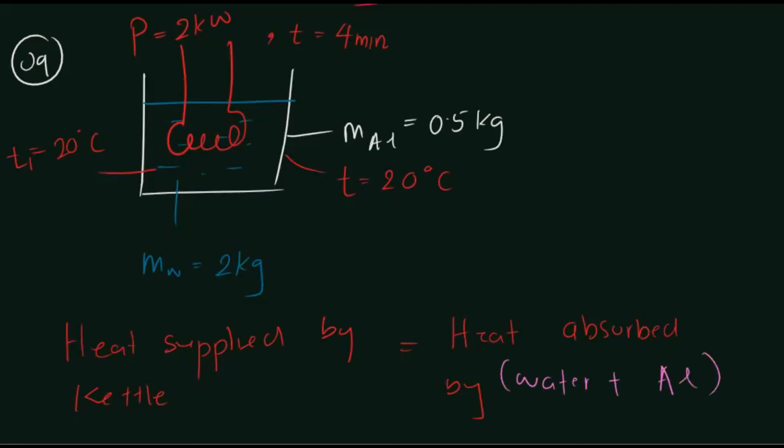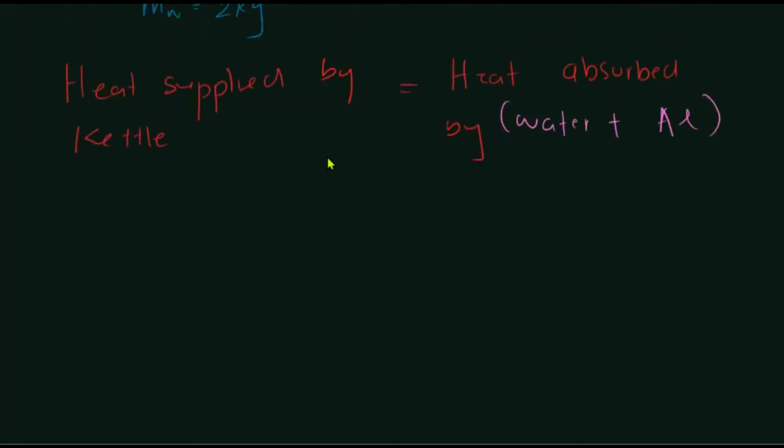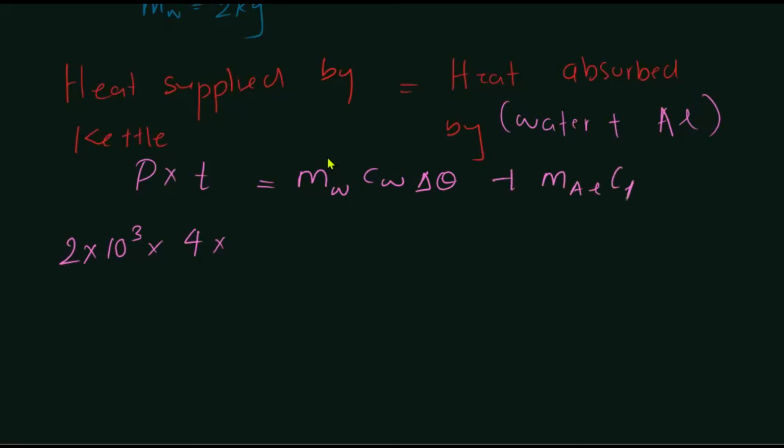For how long was heat supplied? 2 kilowatts means 2 into 10 to the power 3, and 4 minutes. The heat supplied should be written as P into T. The heat absorbed by water is MW CW delta T. The heat absorbed by aluminium is MAL CAL into delta T.